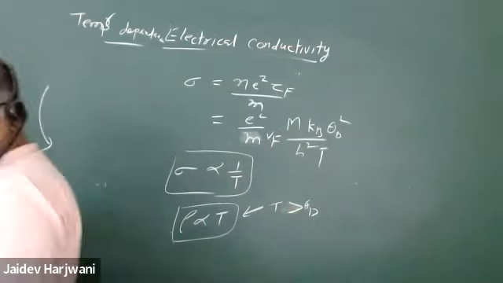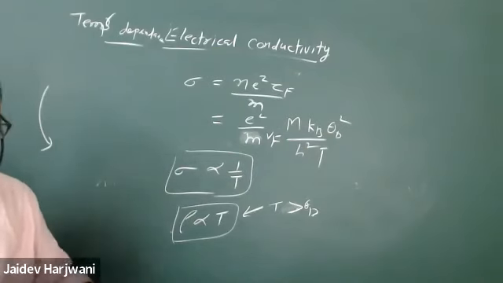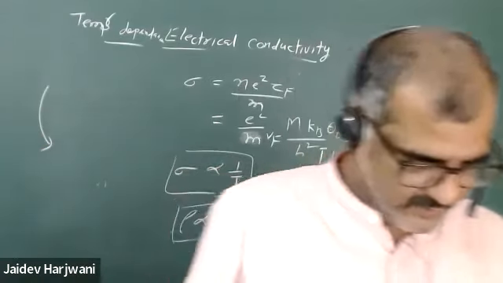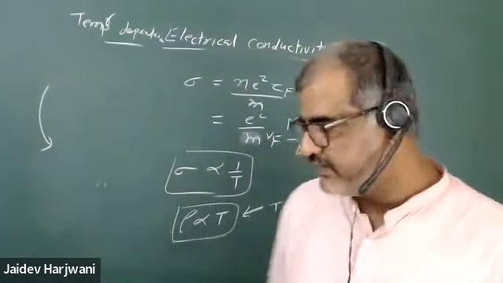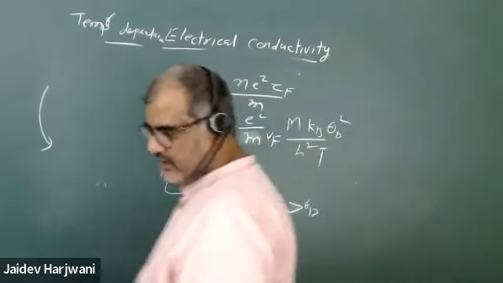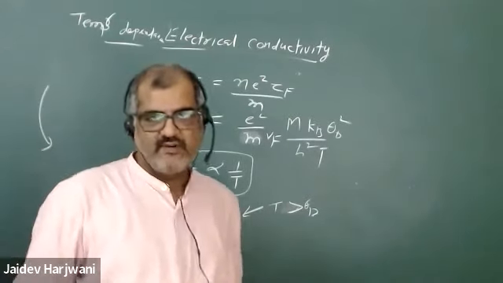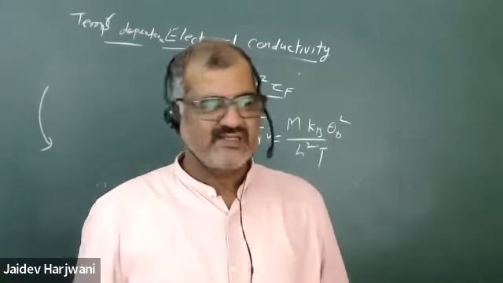What about the low temperature? How to write the low temperature contribution? In 1950, Bloch did some derivation. He gave some theory, and based on the theory he derived the formula, which cannot be discussed in our course.